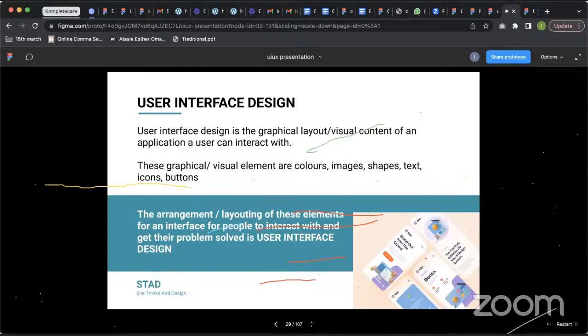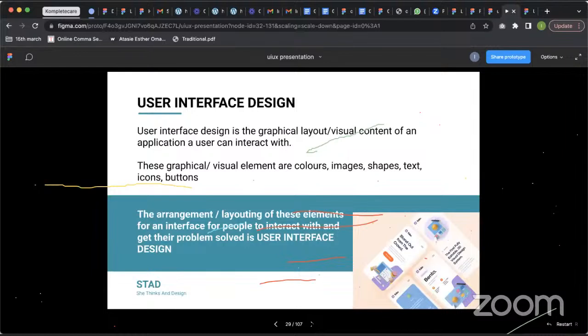To explain it better, user interface design is the graphical layout, the visual content. Visual means what you can see, the content of an application a user can interact with. So I look at my phone, I look at a certain application, and what I see is that graphical arrangement, which is usually governed by something we call design principle.